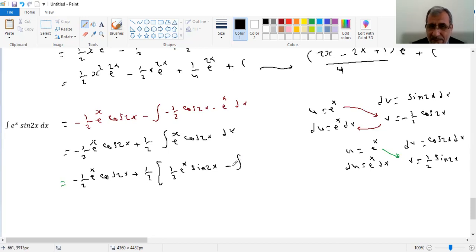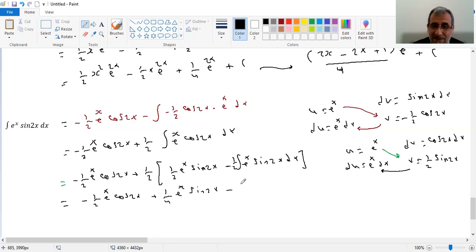So let us write half out before the integral, and e^x sine 2x dx, v du, close the integral one, equal to negative half e^x cosine 2x, and half by half, 1 over 4 e^x sine 2x, but negative 1 over 4 integral e^x sine 2x dx.